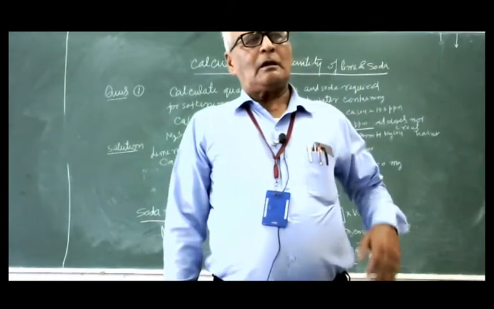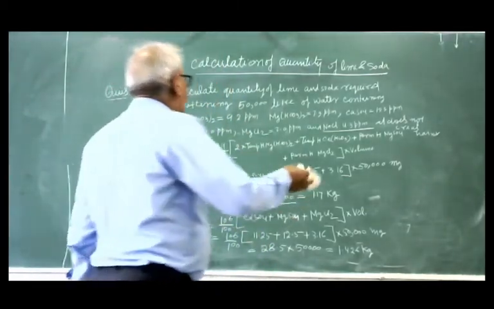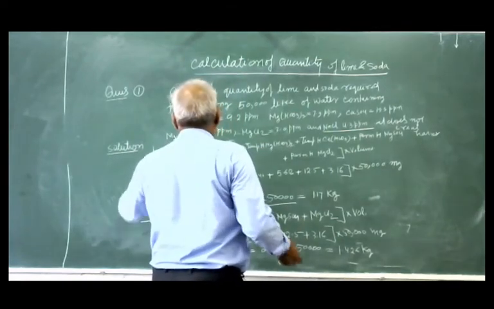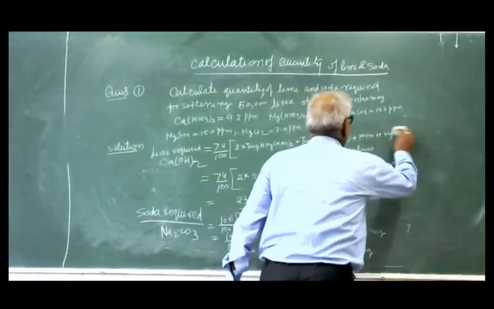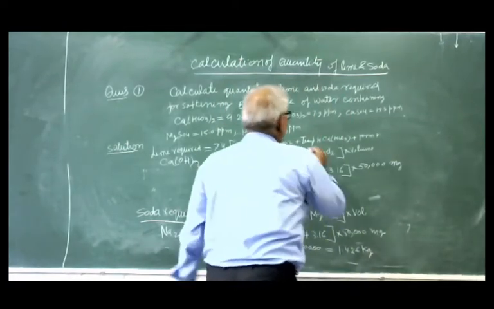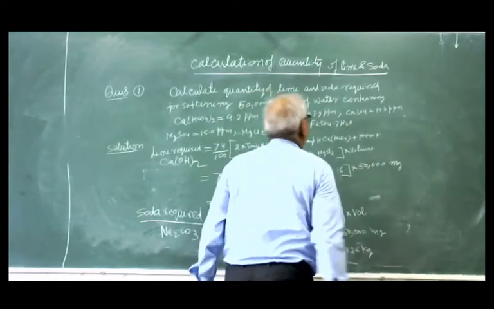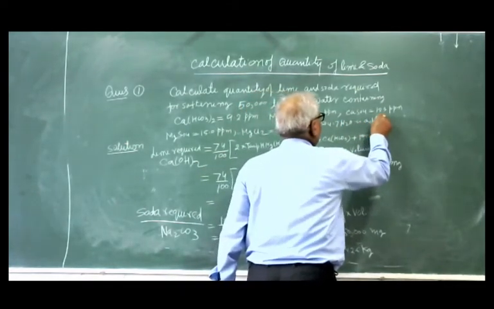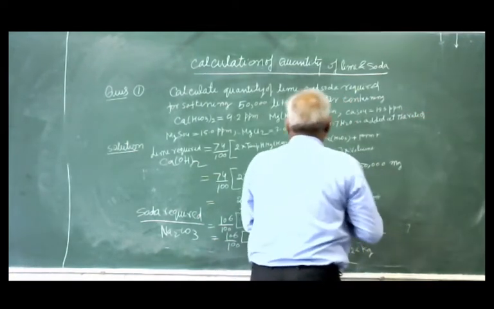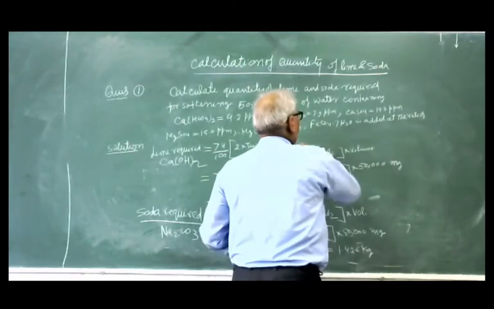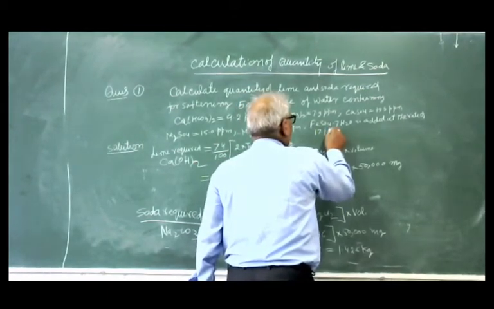So first of all, suppose this is the numerical, magnesium sulfate, magnesium, all are given here, and instead of sodium chloride, someone says that FeSO4·7H2O is added at the rate of 17.1 ppm.